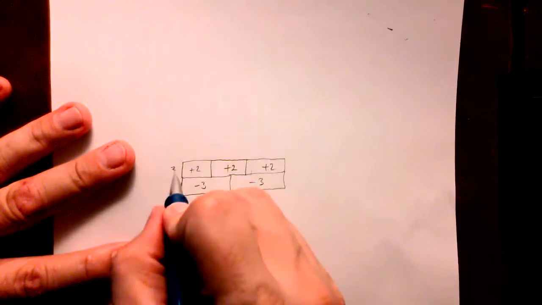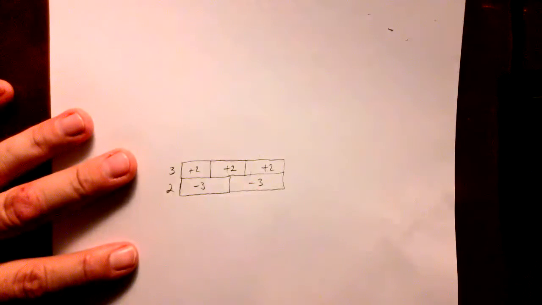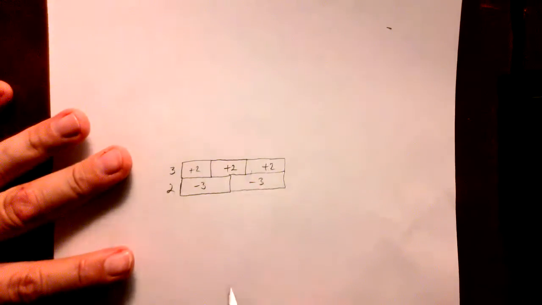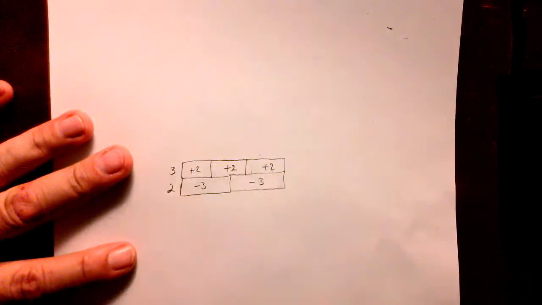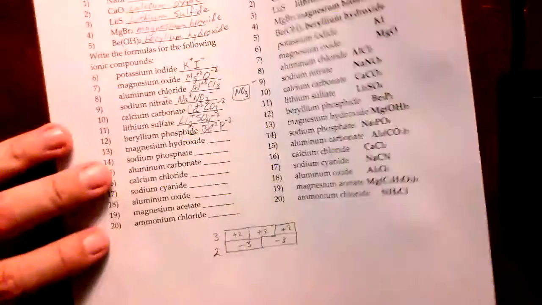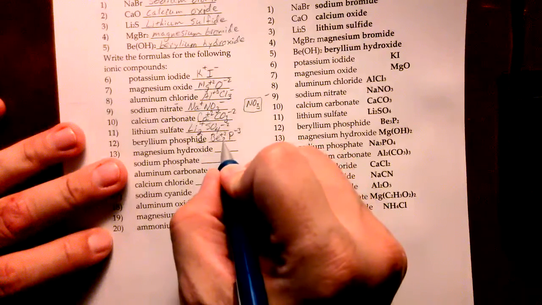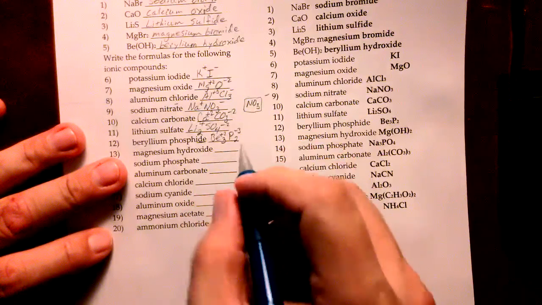And it's going to take 3 of these and 2 of those. And then I have +6 and -6, and that adds to 0. So I'm going to need 3 of the +2 thing and 2 of the -3 thing.